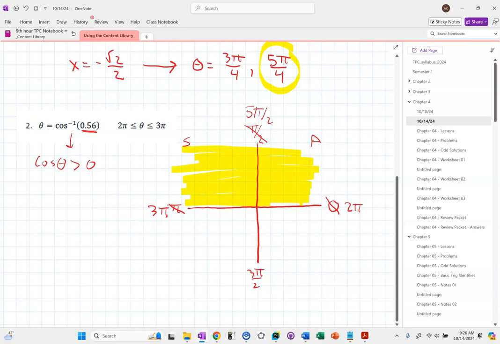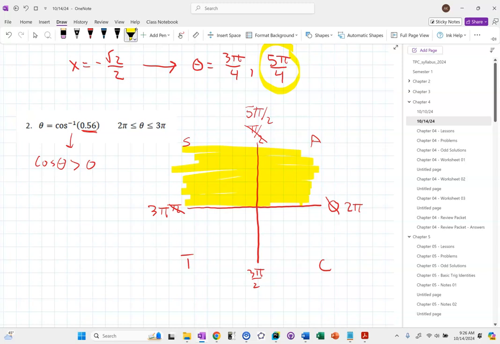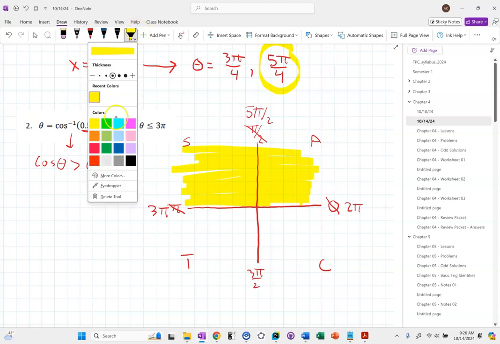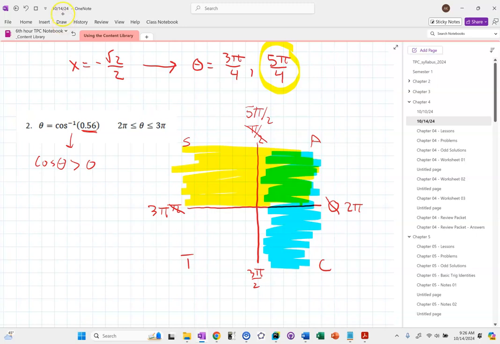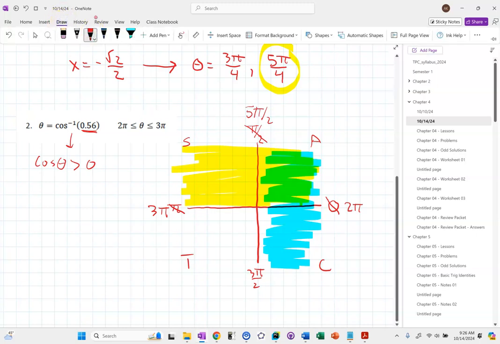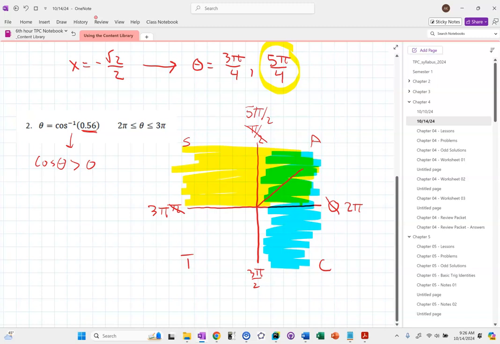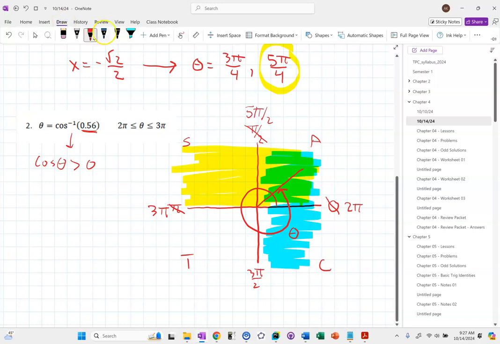Well, if I remember all silly turtles crawl, cosine is positive in A, where all of them are positive, and C, where cosine is positive, so that's quadrants 1 and 4. So my answer should be somewhere in quadrant 1. So there's my angle theta. Troy, you happy so far with what I've done? Okay.